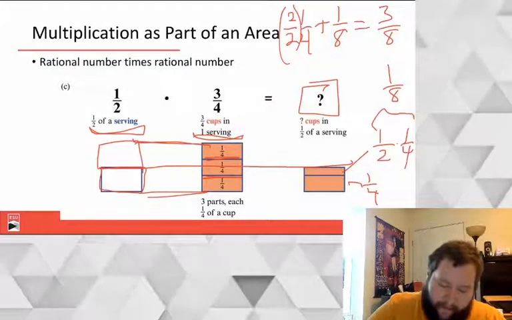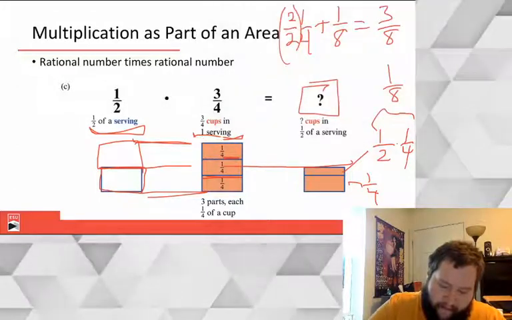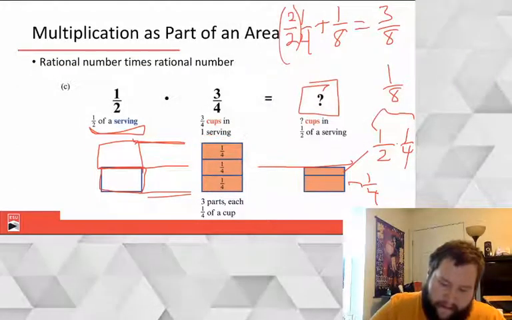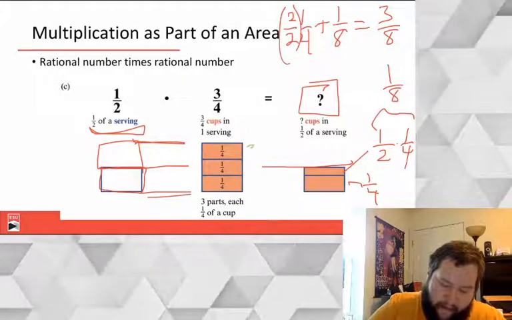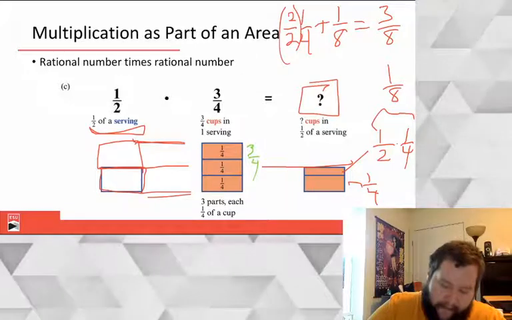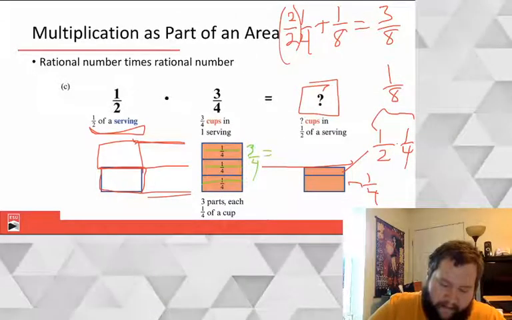Because if we look at just this middle one, here I have 3/4. If I split each of these in half, I end up with 6/8.